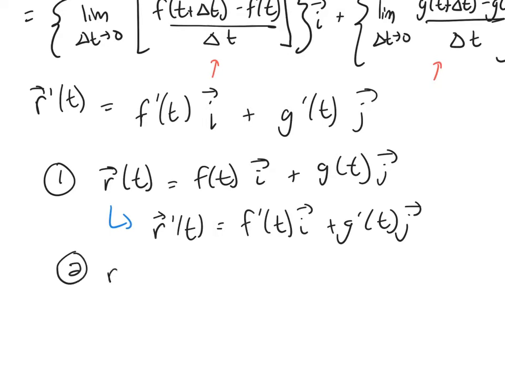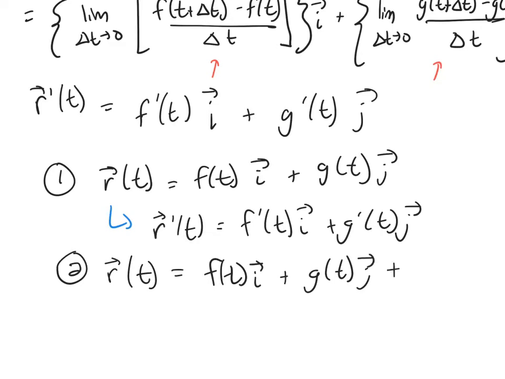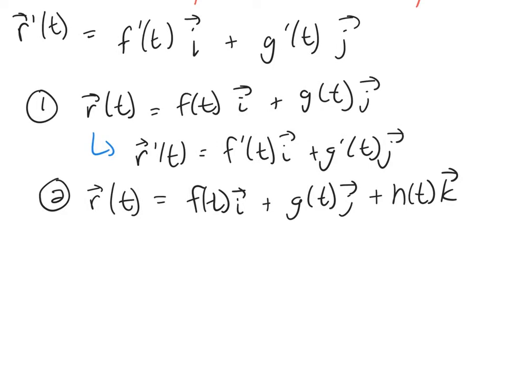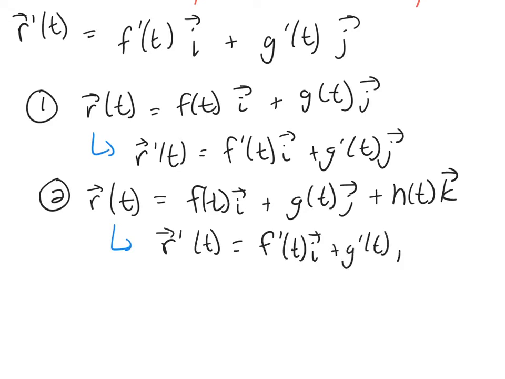Or if your function had three components, an i, a j, and a k, the derivative is very similar. You just take the derivative of each component function. So it'd be f prime of t i, g prime of t j, and finally h prime of t k. And that's how we are going to take derivatives of vector-valued functions.